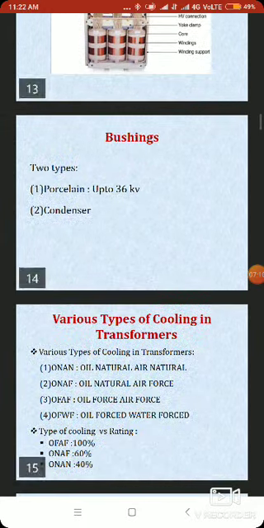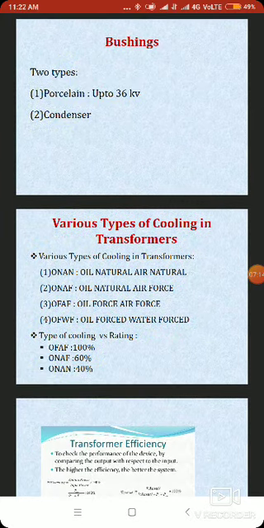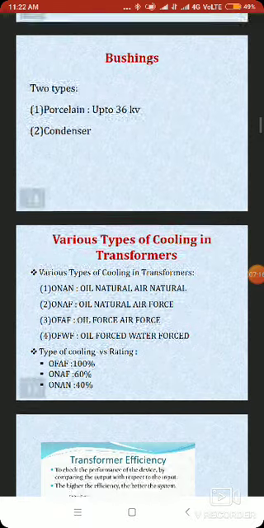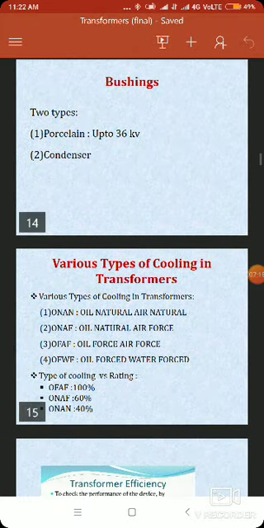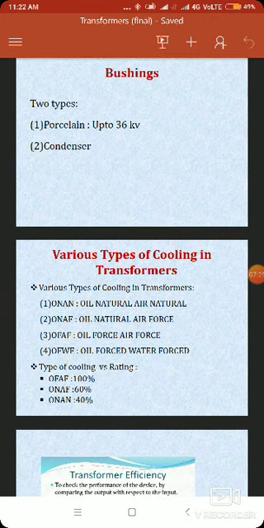Then we'll come to the various types of cooling of a transformer. The first is ONAN, that is oil natural air natural. In this there is no fan, which means the transformer is left on its own, and mostly the smaller size transformers are ONAN transformers.